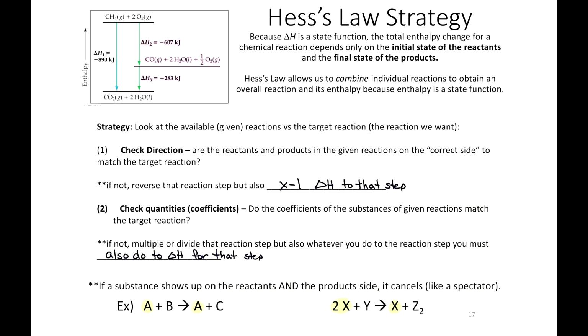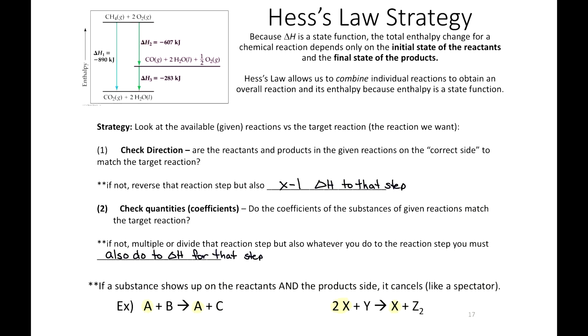So let's look at a new way we can utilize the idea that enthalpy is an extensive property and a state function. And that is using Hess's law. Hess's law is a strategy to take multiple chemical reactions and combine them in a special way to get a new enthalpy of a different chemical reaction. It's like a puzzle.